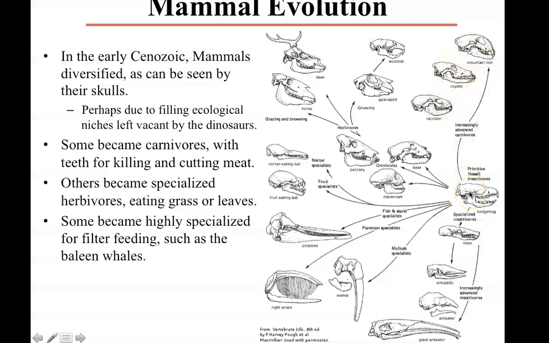And it became modified into eventually grass specialized skulls, so horses and deer and cows that specialize in eating grass. It became specialized into fruit eating skulls and teeth, like with fruit eating bats. Eventually, it became specialized into eating and catching fish, like we see in dolphins, in straining seawater, like we see with the baleen whales.